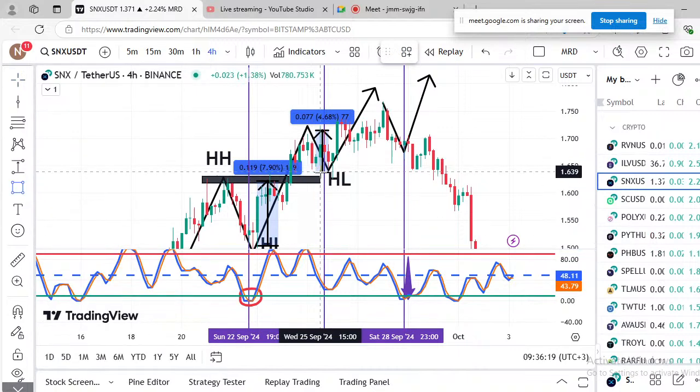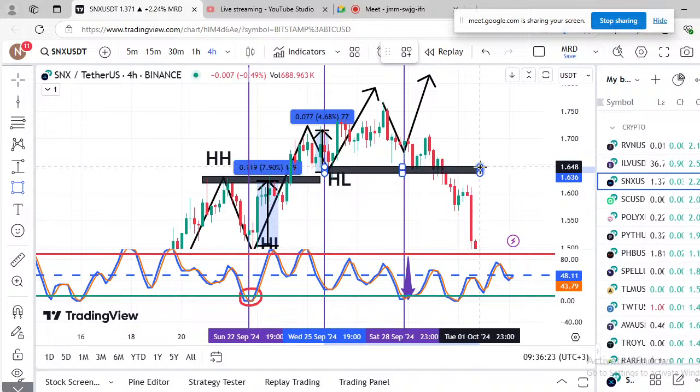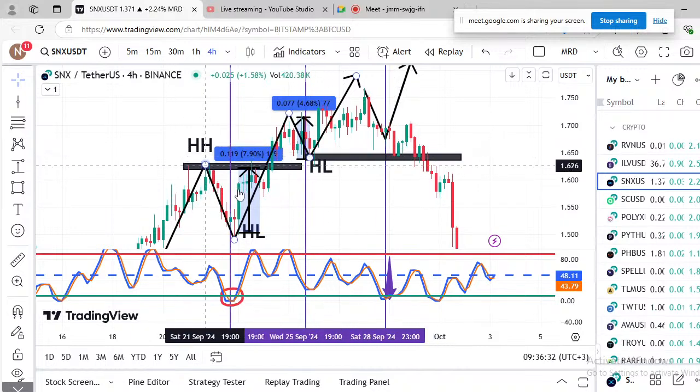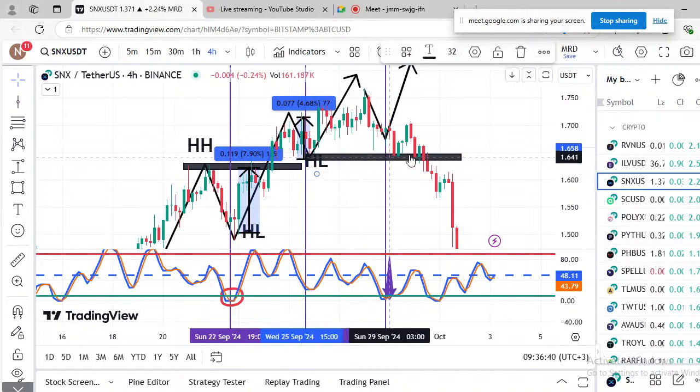It is at the same level. Therefore, this one can't qualify to be a higher low. Yet here we have another higher low, and here it is at the same level.